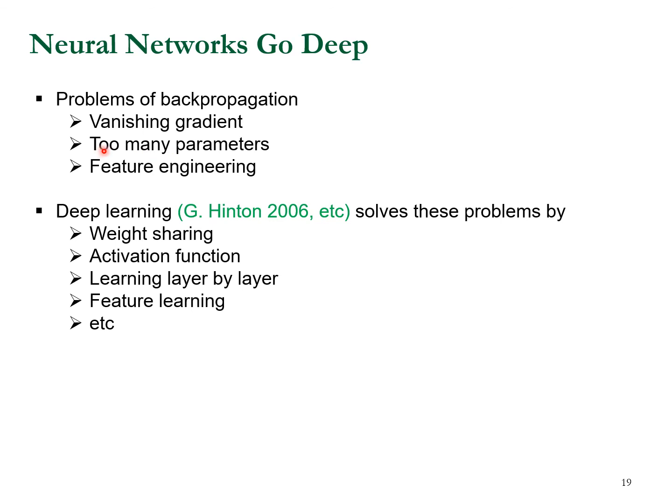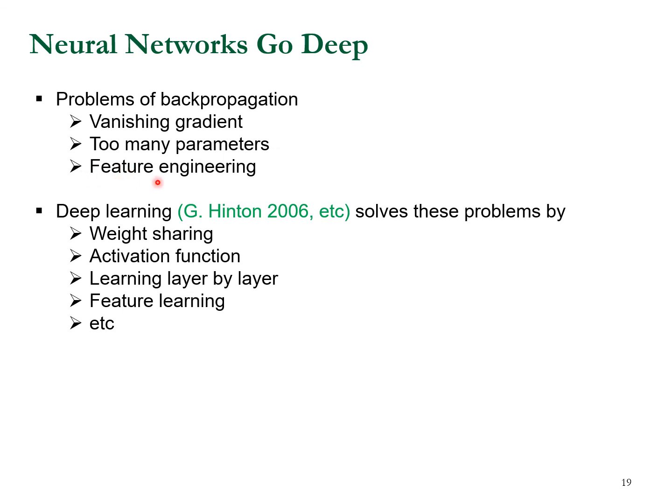The second problem is that if you have many layers, each layer is fully connected to the next. Each node is connected to every node in the next layer. Because of that, we have too many parameters in the network, so if you have many layers, the network suffers from overfitting.